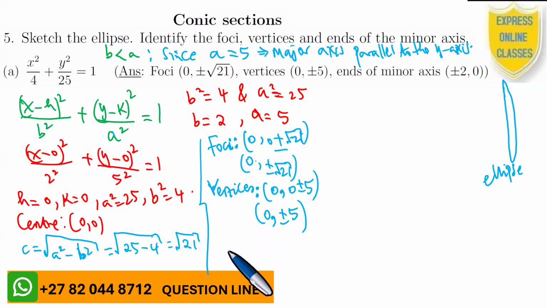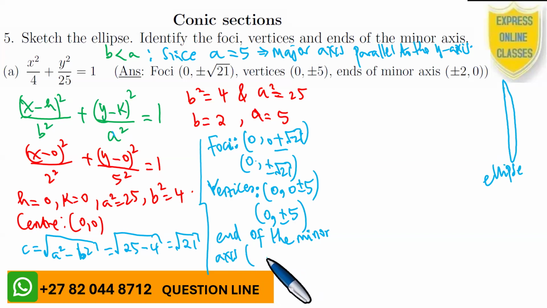Okay. And then now we have found the foci, we found the vertices along the major axis, and then we look at the ends of the minor axis.